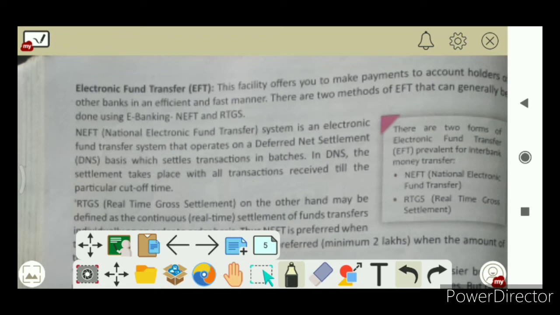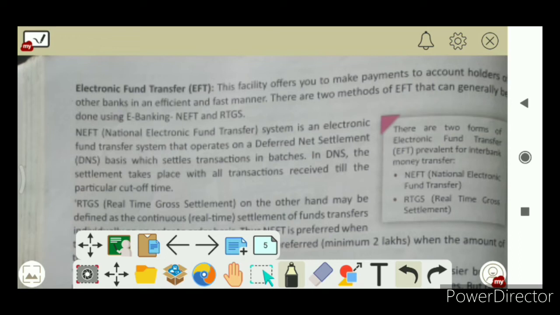These things are done in batches, therefore it takes some time. Therefore, you can do fund transfer by using EFT and NEFT, right?